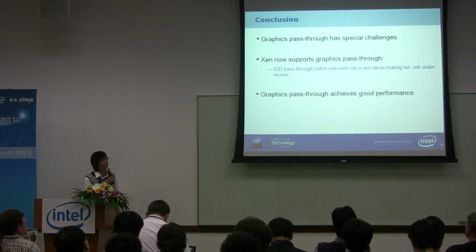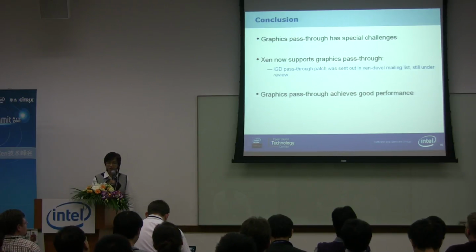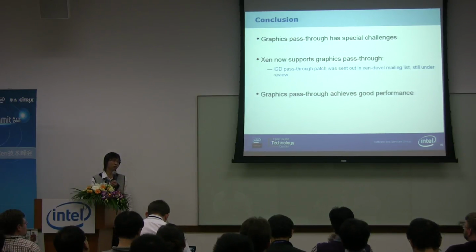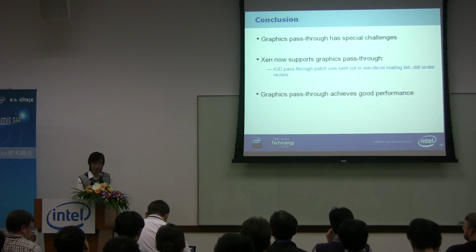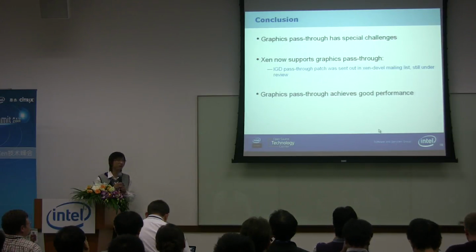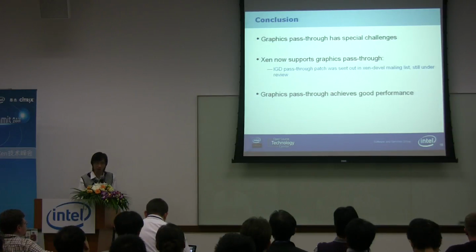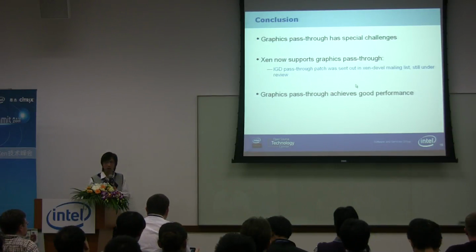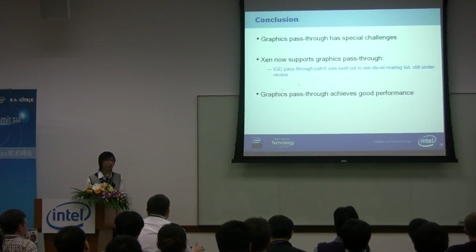Okay, the conclusions: first, we see the graphics pass-through has some special requirements compared to the general PCI pass-through. Next, it already supports the graphics pass-through, but the IGD patch we sent to the main list is still under review.